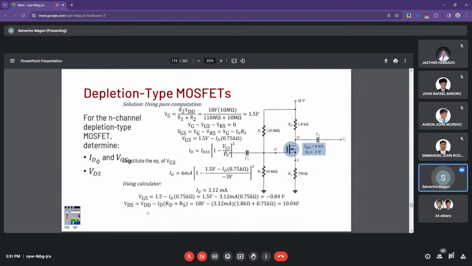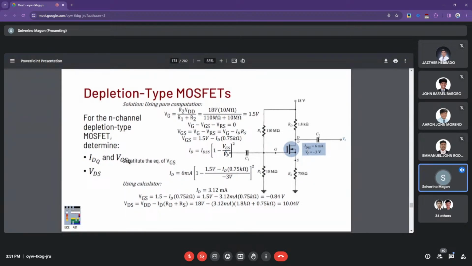And so we can solve for VDS using the output loop. Based on the calculation, we can now plug in also the value of ID here. And VDS is set at 10 volts. No? 10 volts. So meaning in the off condition, you have 10 volts here, isolated by the capacitor, so the output sees nothing.